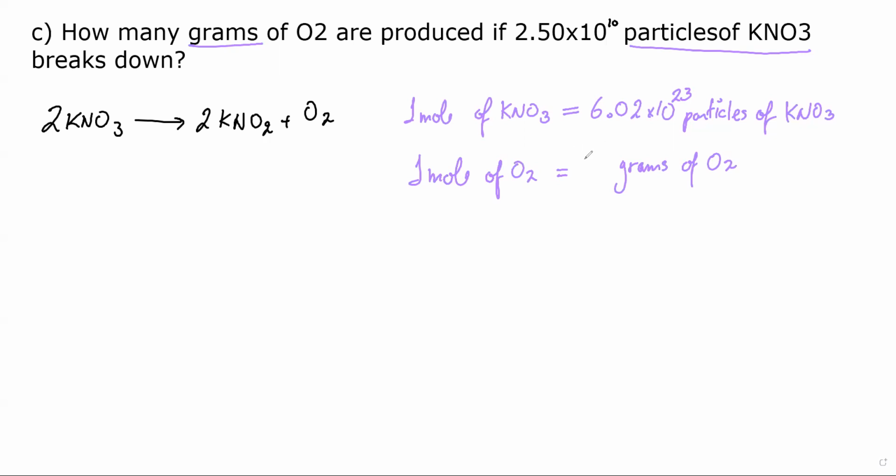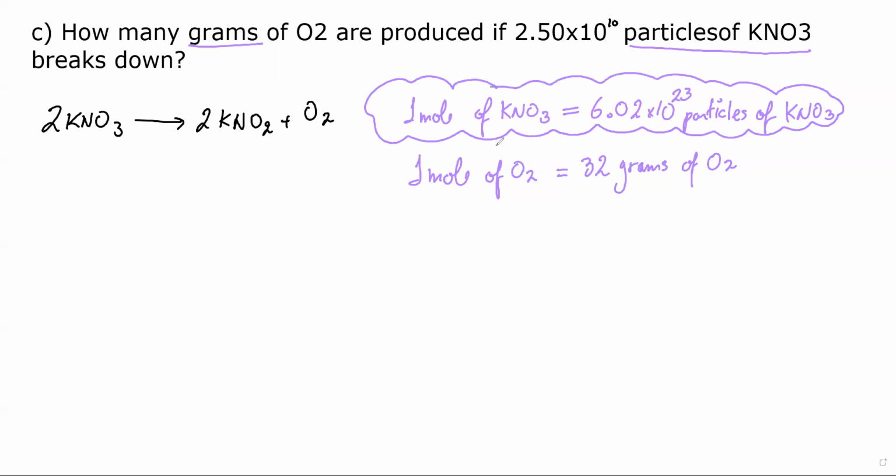So O2 is going to be 16 times 2, which is 32 grams of O2. That's another relationship that we have. We have one relationship that converts moles to particles and particles to moles. We have another conversion that converts grams to moles or moles to grams of O2.